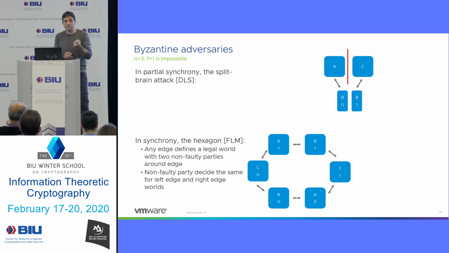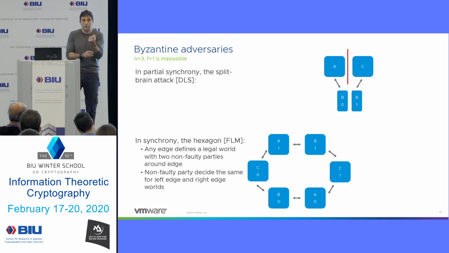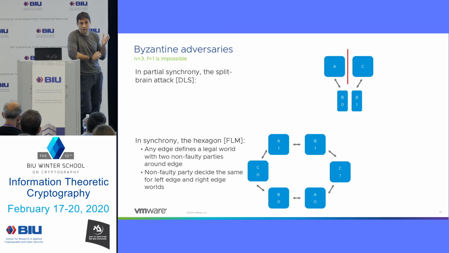The core point of this lower bound is that even if you do not have partial synchrony, you just have synchrony, you cannot solve Byzantine agreement for n equals 3, or basically anytime the adversary controls more than 1/3 of the parties.